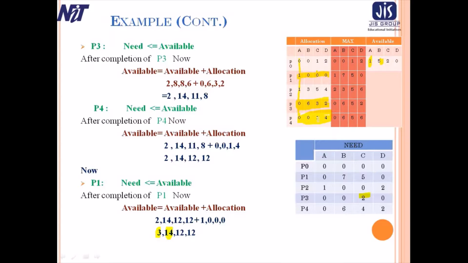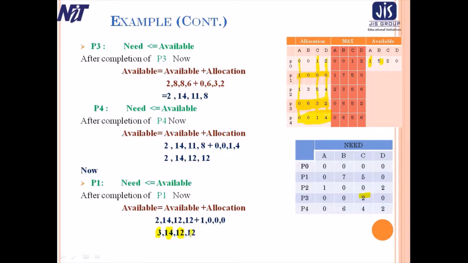That means 5 plus 3 is 8, 9, 10. 10 instances allocated to several processes and 2 are free. So 10 plus 2, our total of C type resource is 12. Again for D we can check our system resources: 4 plus 2 plus 4, 2. These are allocated at the beginning and nothing is available. So 4 plus 4 is 8, 9, 10, 12.